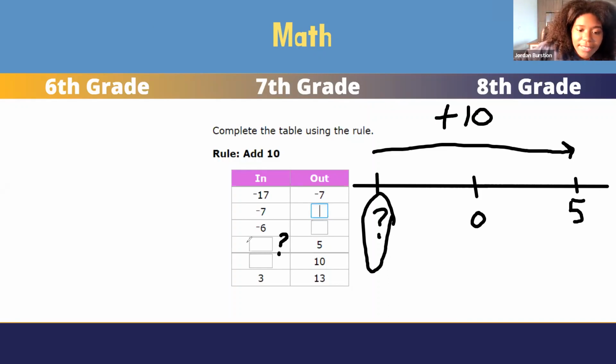Perfect, perfect. Okay. Now see if you can figure out that last number without a number line or without me drawing the number line. See if you can figure out that last input.